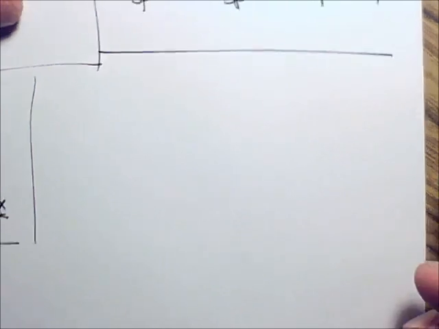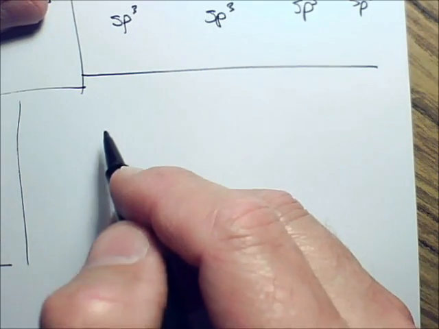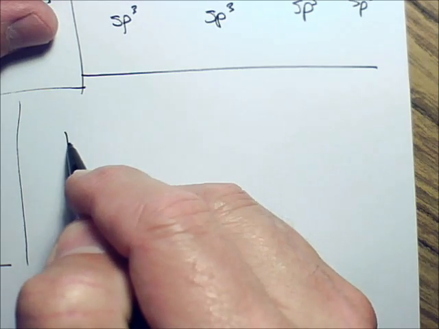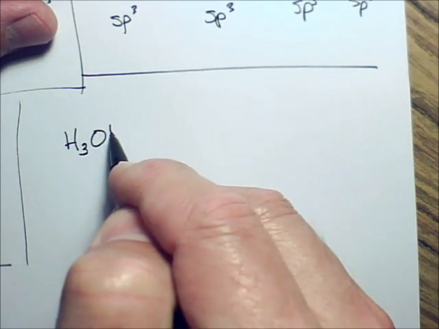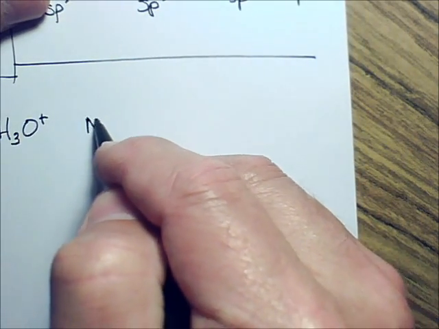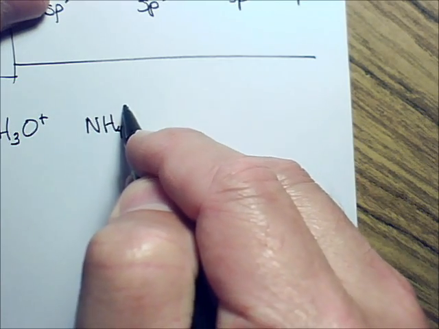What's the difference between hydronium and ammonium? Well, there are 2 different formulas. Hydronium is H3O plus, and ammonium is NH4 plus.